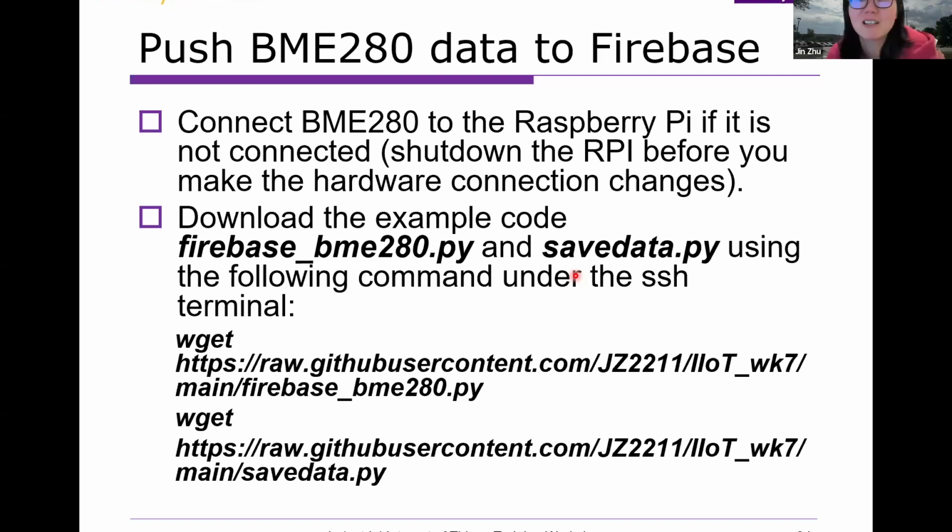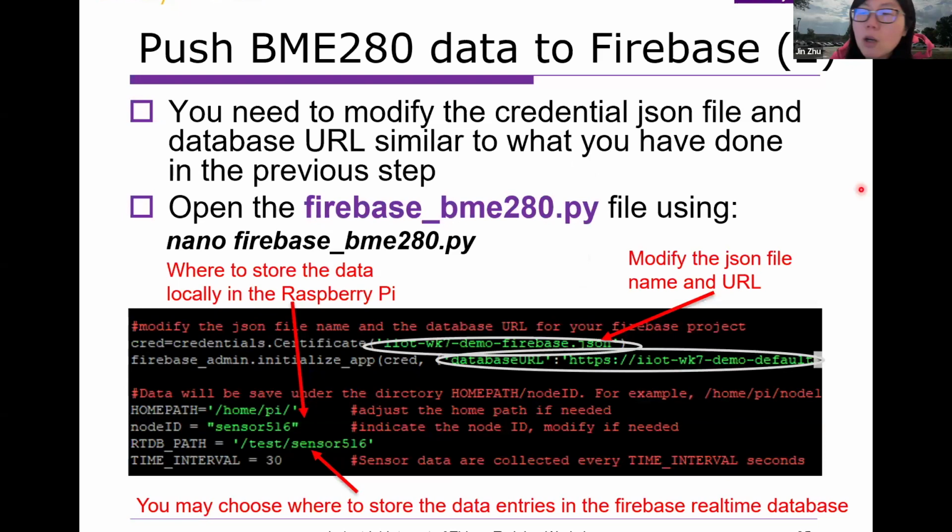So that's just in case, and that's the program, and you can run it over here again, similar to the previous one. Similar to the previous one, you need to update the JSON file and also the database URL.